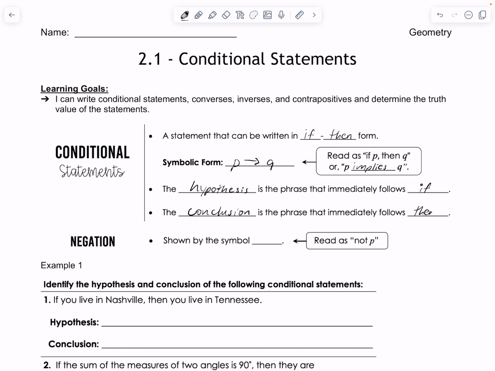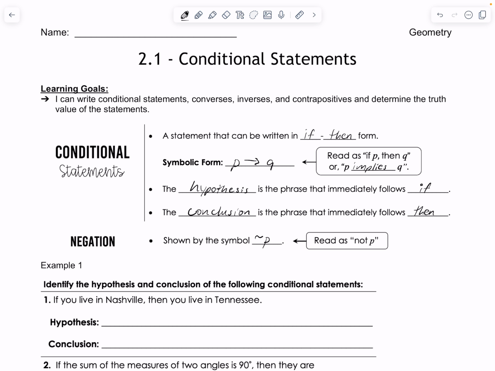Now, negation is going the other direction, or thinking opposite here, and we use the sign called a tilde, this symbol here. If I were to put a P there, that would be not P, and we're going to get into how we can use that a little bit later. All right, let's do a couple of examples with these conditional statements.